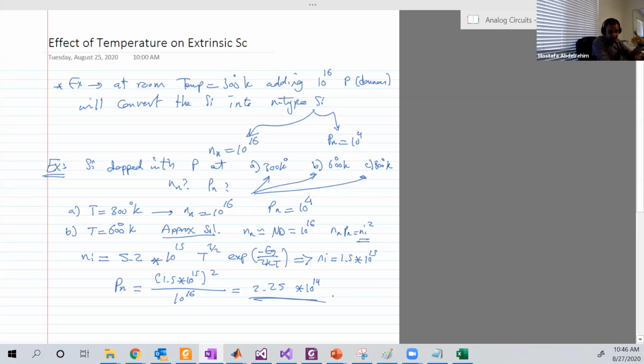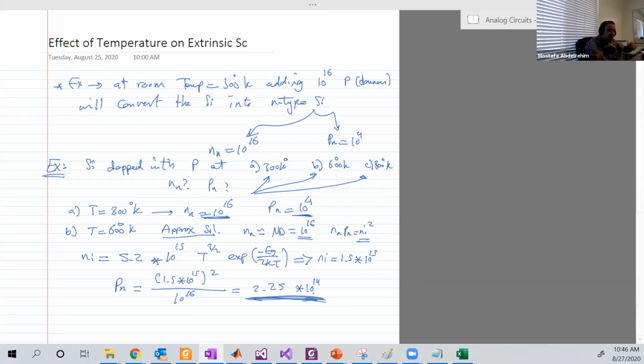If we accept the approximate solution, and in that case it's acceptable, let's see the difference between Nn and Bn in both cases. At 300 Kelvin, Nn is 10 to the power 16 and Bn is 10 to the power 4. Nn is 1 trillion times bigger than Bn. But here, it's 10 to the power 16 and 10 to the power 14. It's just around 50 times.